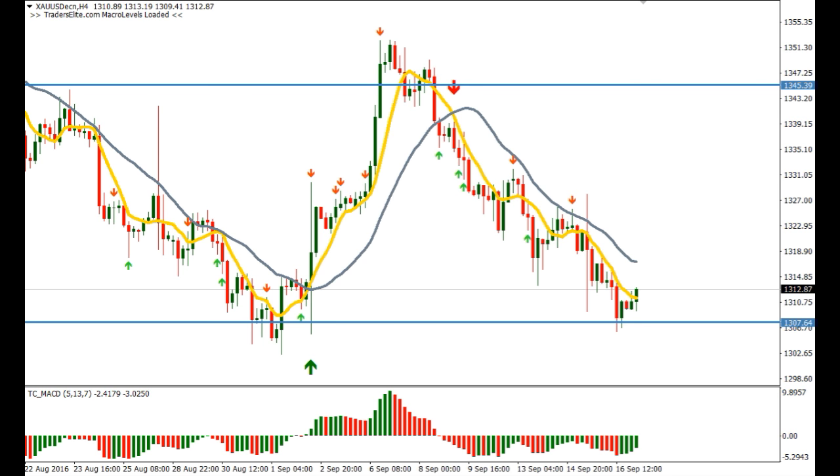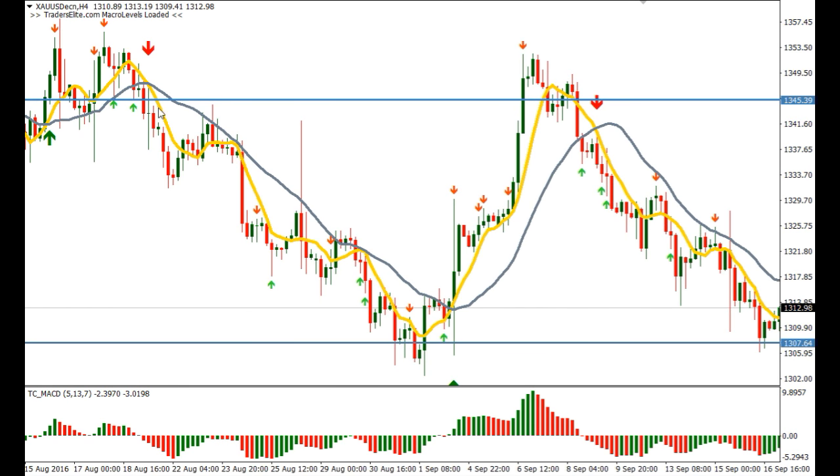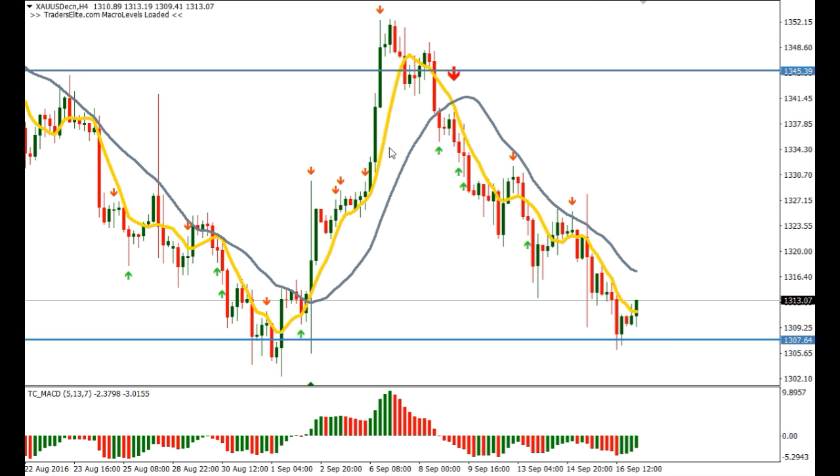Now, on these charts, just before I get into it, I have three indicators being displayed. First of all, trend catcher, which are the big arrows that you see here. They are the ones that identify changes in trend and allow us to catch trades at the inception of the trend.